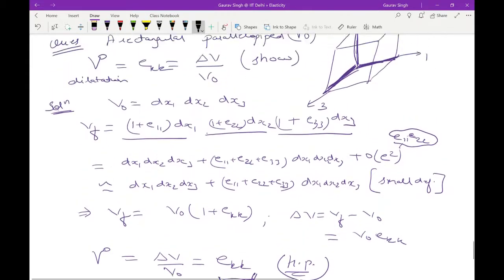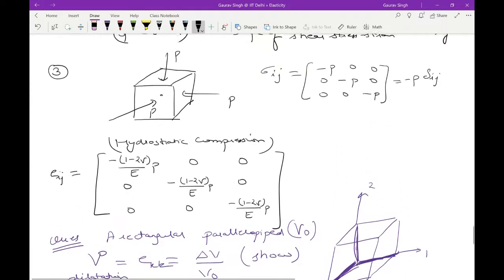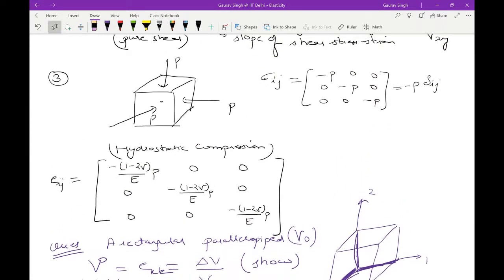So we had found out the state of strain at this point of interest using the inverse Hooke's law, and we want to now write the dilatation.